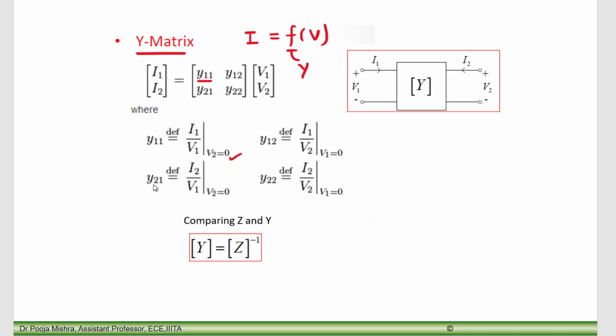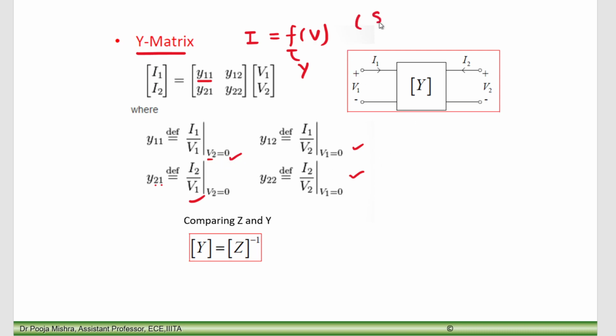Y21 will be equal to I2 divided by V1 when V2 is equal to 0. Y12 will be I1 over V2 when V1 is equal to 0, and Y22 is equal to I2 over V2 when V1 is equal to 0. These parameters are defined only when the other port has V equal to 0, meaning it is short circuited.